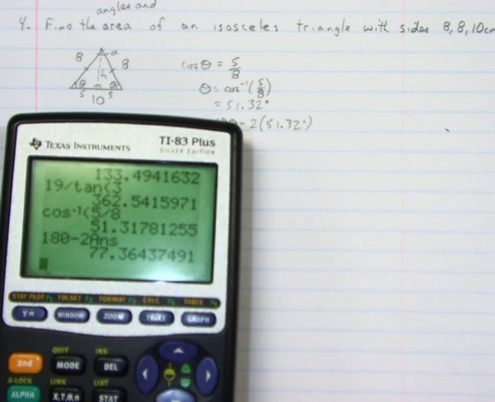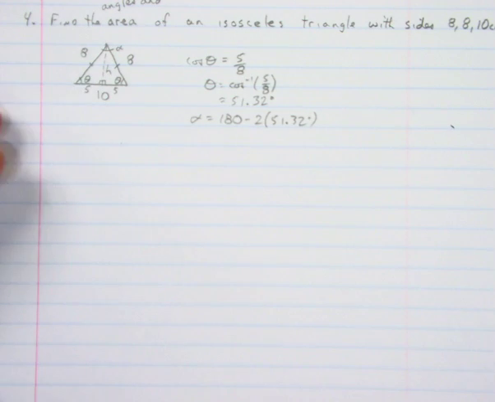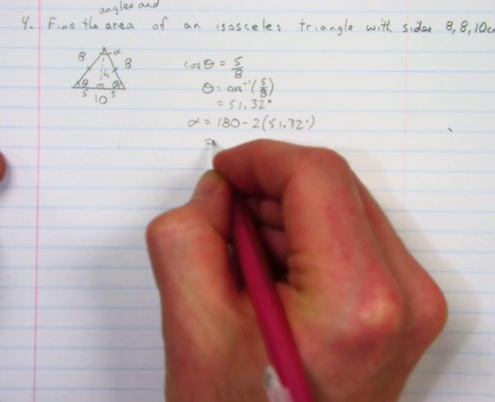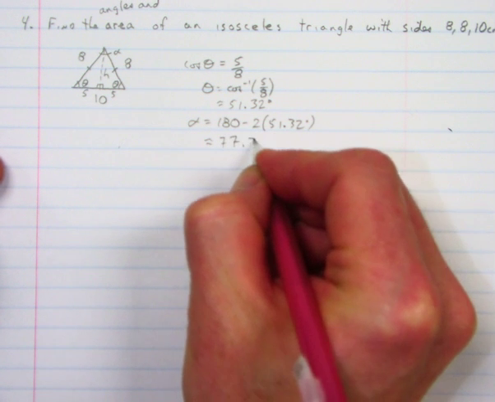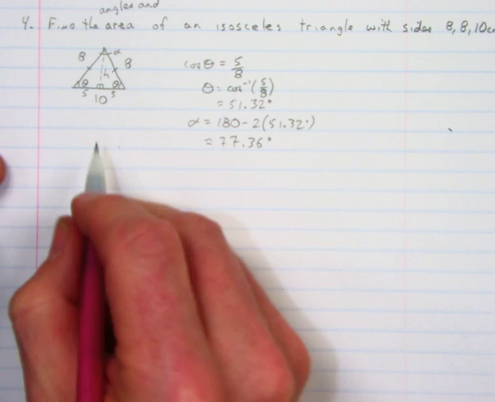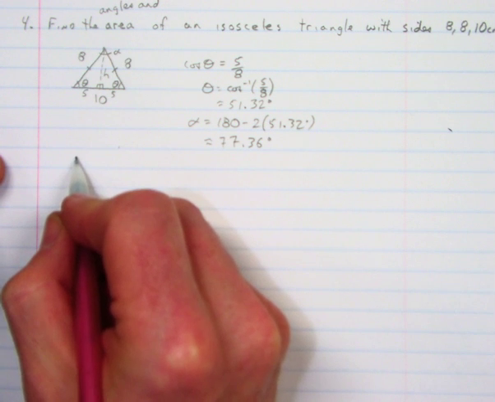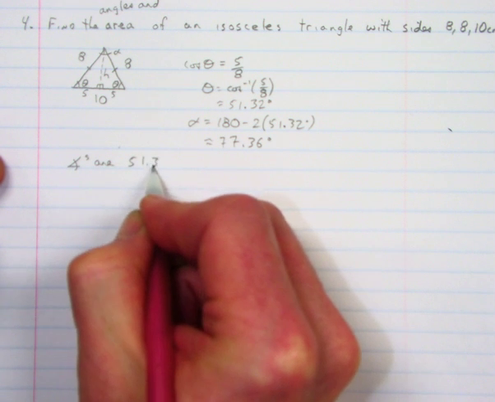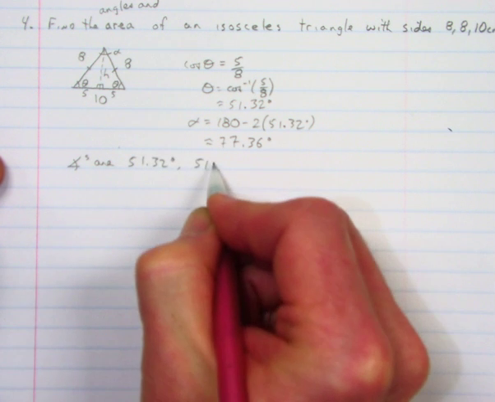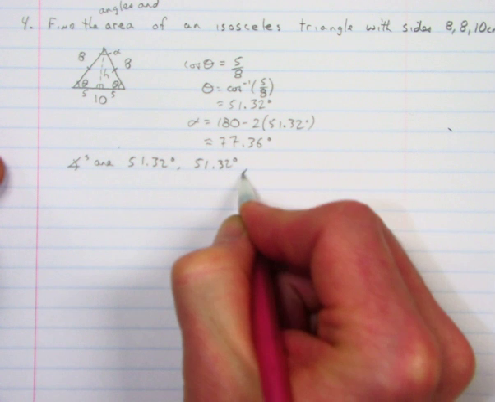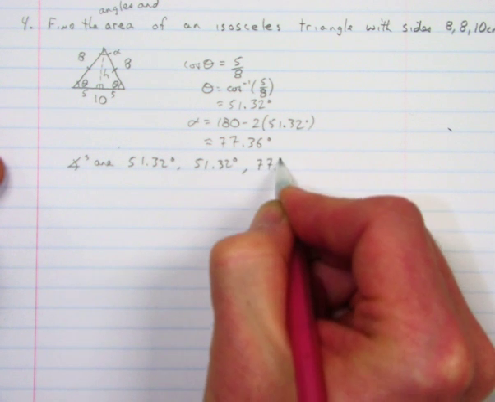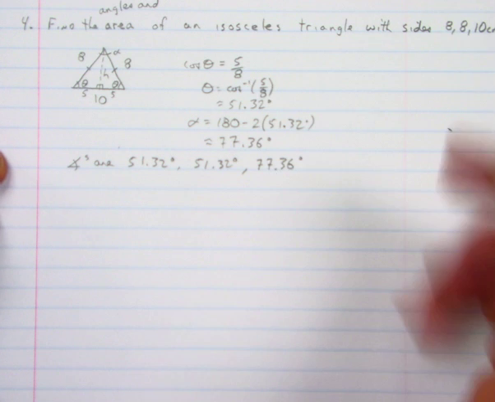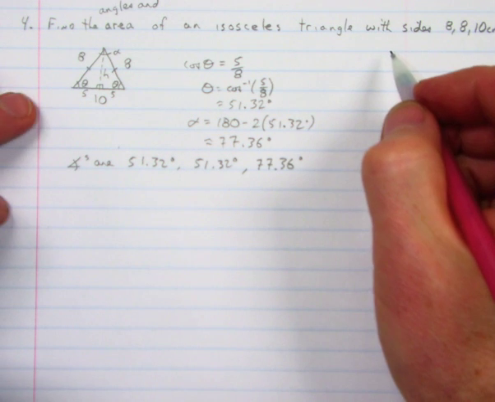And that gives me 77.36 degrees. So as far as answering the angles part, we can list them out and say the angles are 51.32 degrees, 51.32 degrees, and 77.36 degrees.